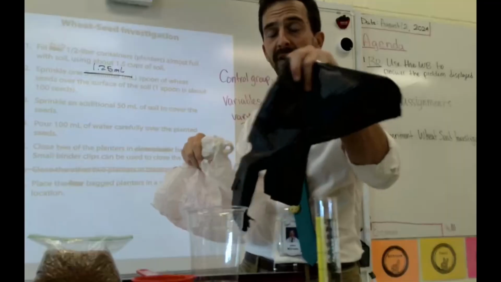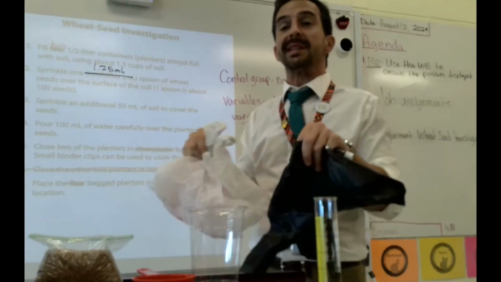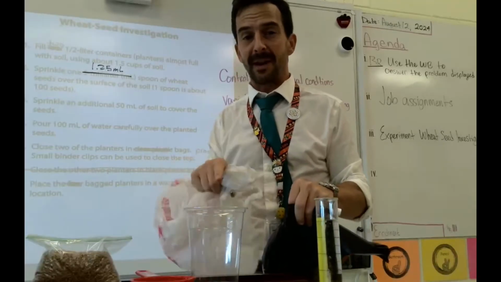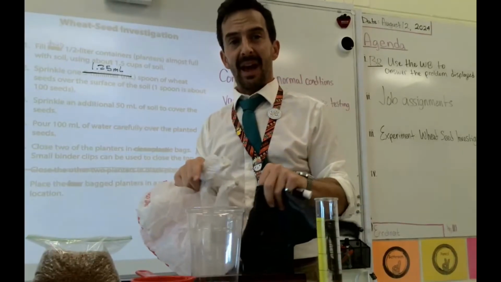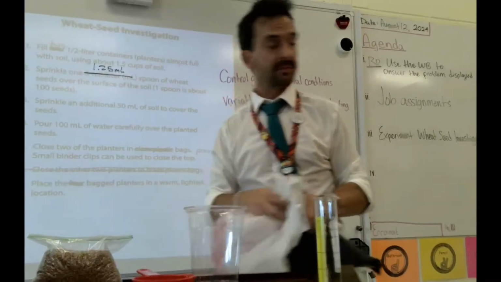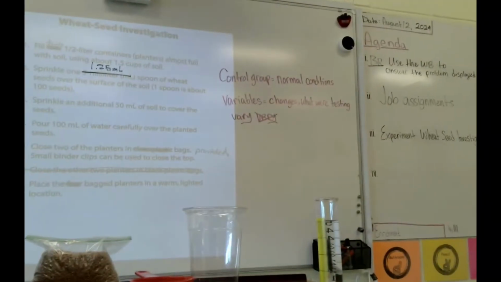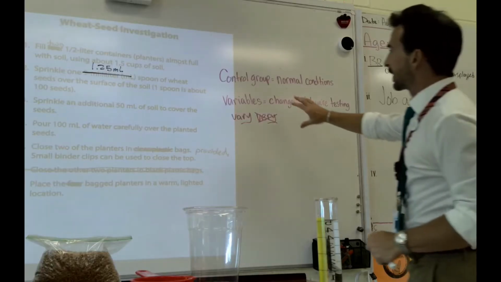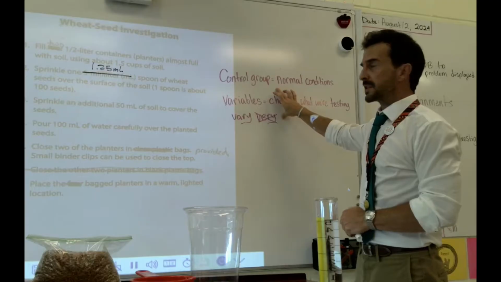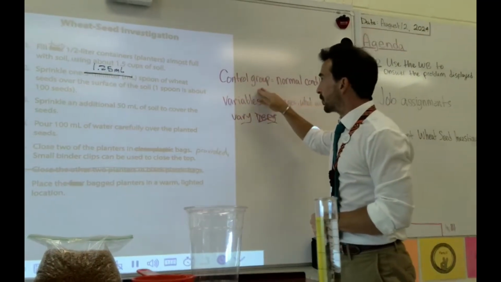Well, if we are putting some in this bag and we're putting some in these black bags, what is this bag going to filter out some of, and what is this bag going to filter out a lot of? Well, I hope you decided light was the answer to that, because light is our variable. We are testing how different amounts of light can affect plant growth.